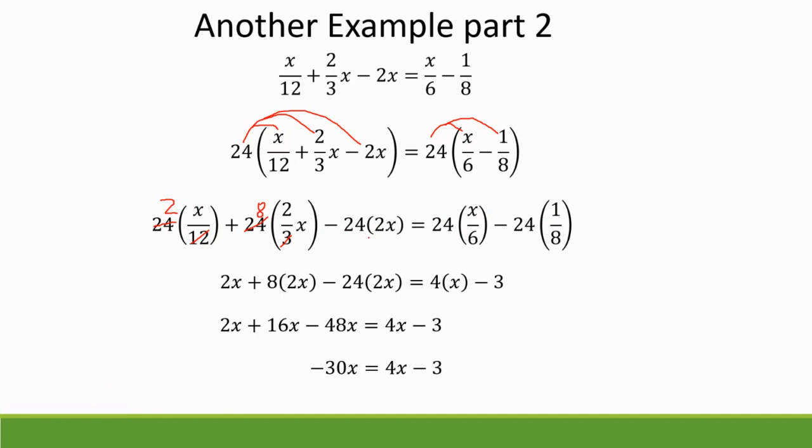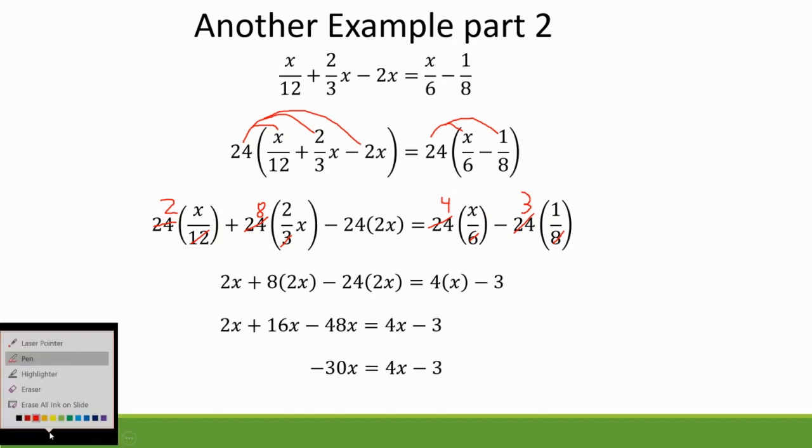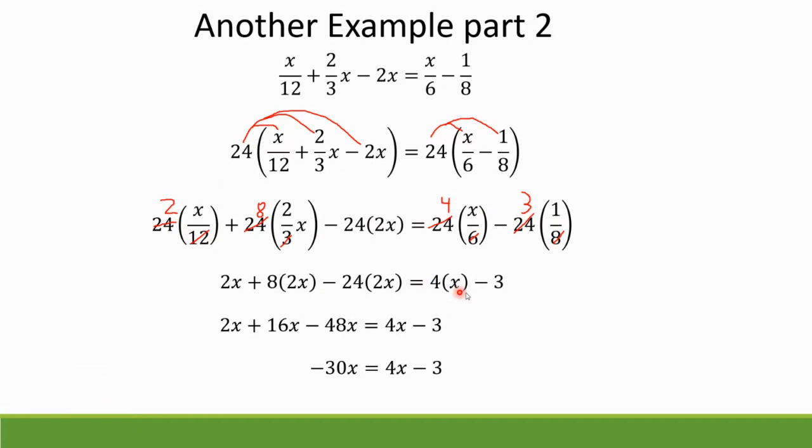Here we don't cancel at all, there's no denominator. Here, the 6 is gone, 24 becomes 4. Here, the 8 is gone, 24 becomes 3. Like so.